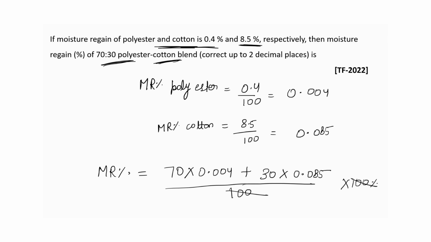So 100 and 100 cancel, and when you solve, it comes out to be 0.28 plus 2.55, which is around 2.83%. So in 2 decimal places that is the answer. It is also a 1 mark question. These are simple questions, simple mathematics, so you just need to know the basics of textiles only.